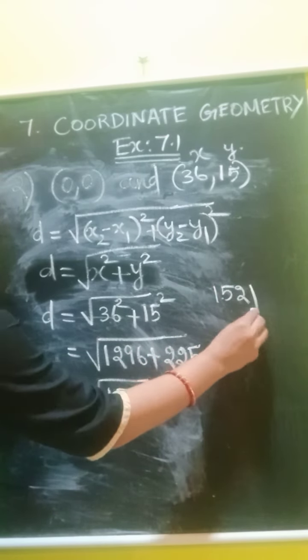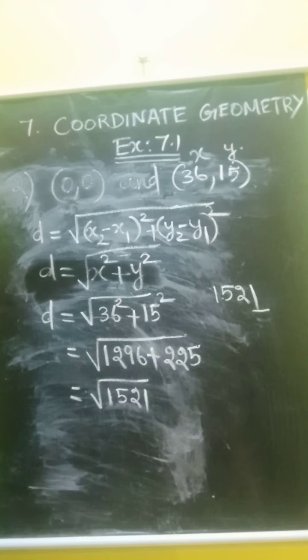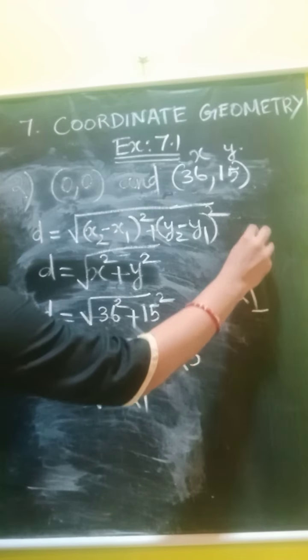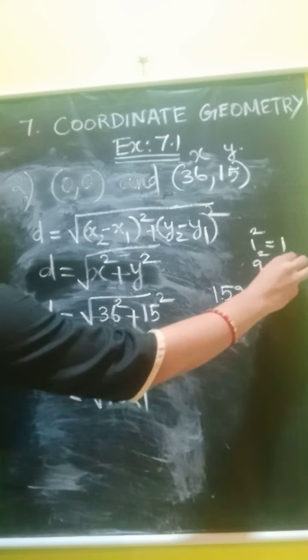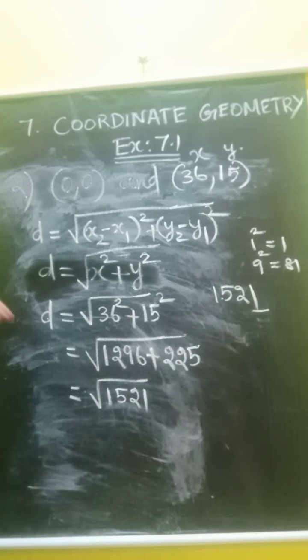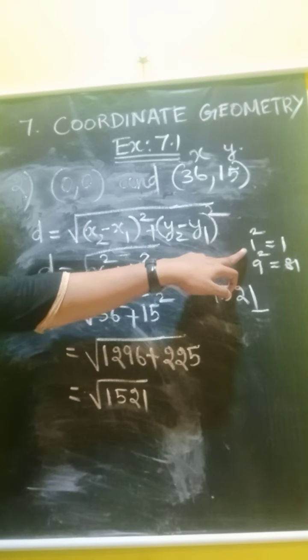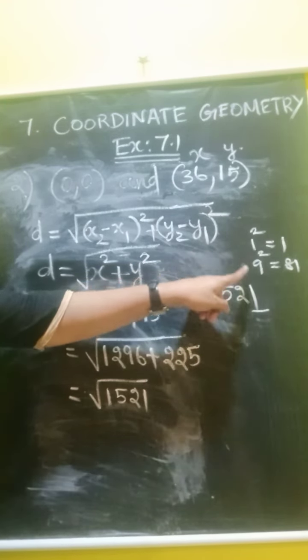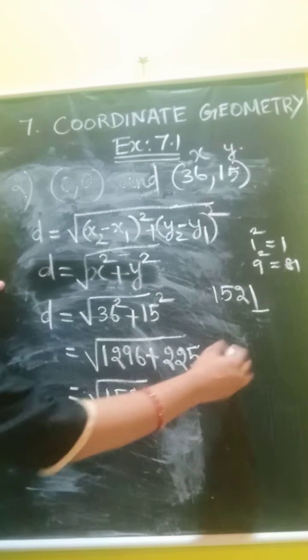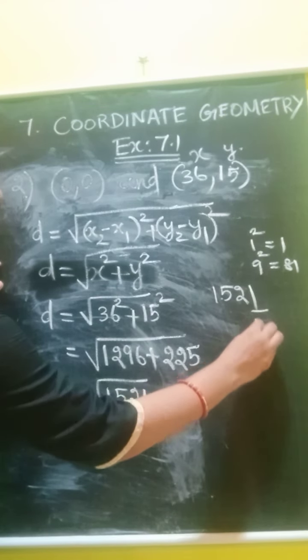See, what is the last digit? 1, right? So 1 square is 1 and 9 square is 81. So if the number ends with 1, there can be two possibilities, either 1 or 9. So the second digit would be 1 or 9.